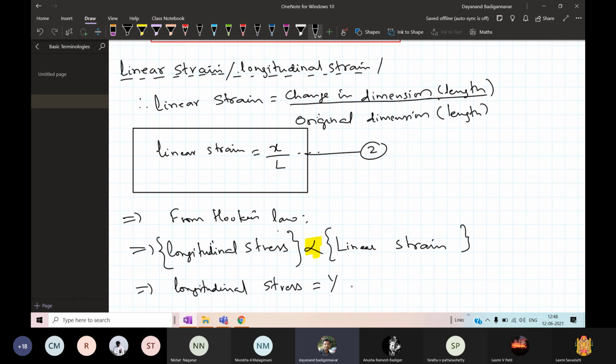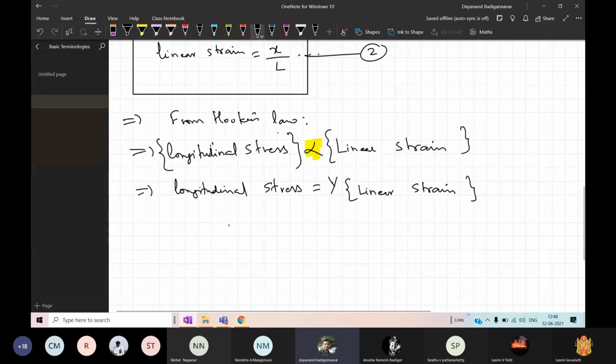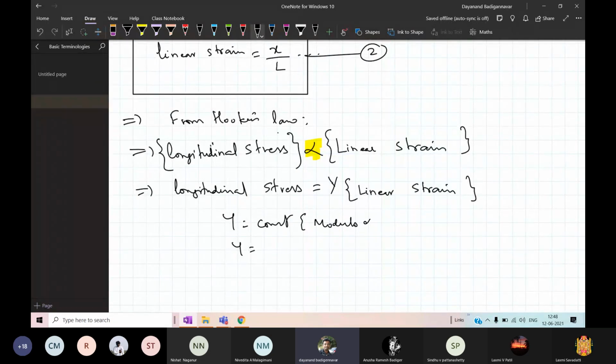That constant I will take as Y into linear strain. So, rearranging for Y, Y is a new constant. This constant Y is known as the modulus, called the modulus of elasticity.